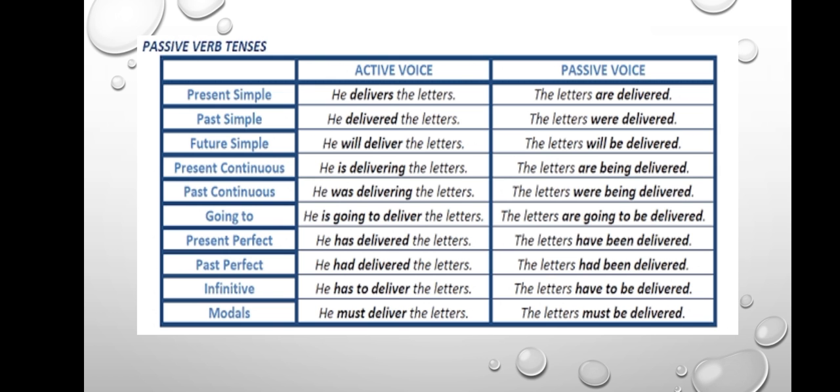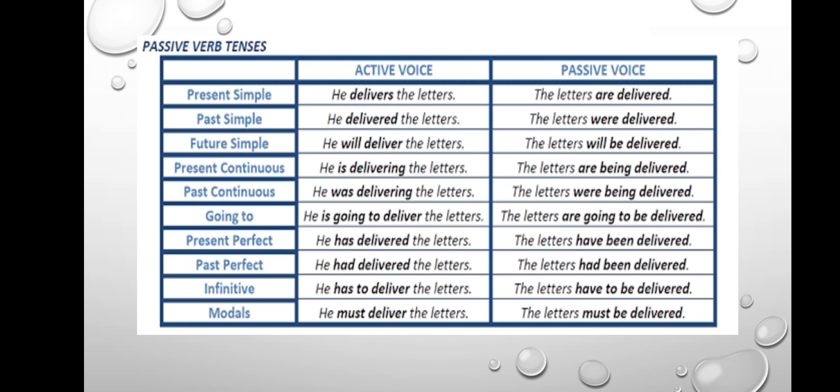Past perfect tense. He had delivered the letters. This is the past perfect. Whenever we find had plus verb third, it shows past perfect tense. When the action was over in the past time, at that time we use past perfect tense.